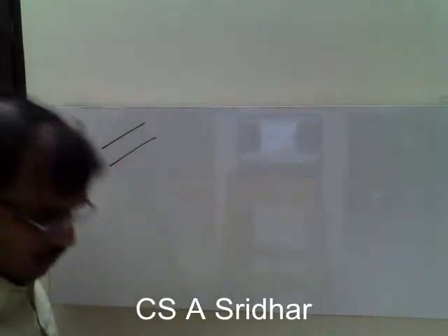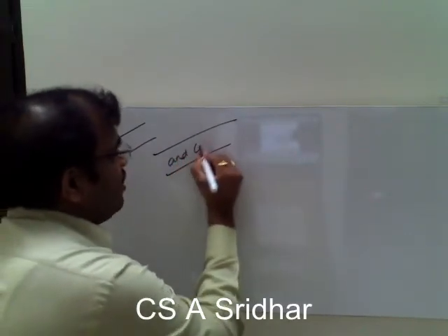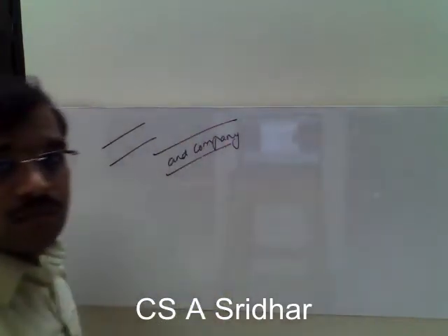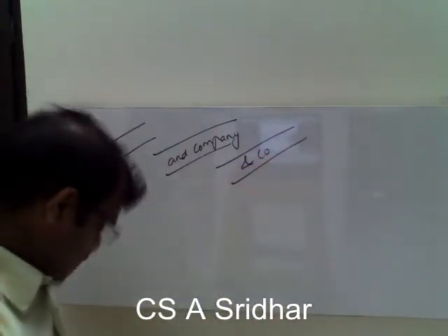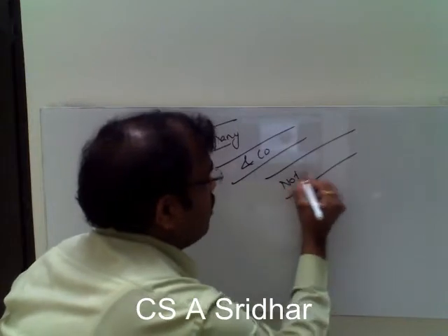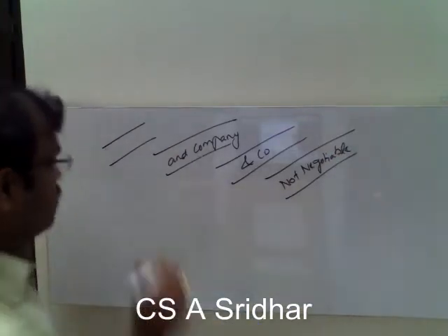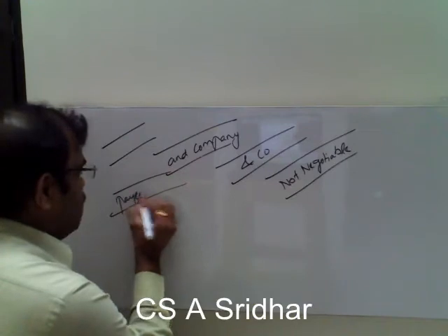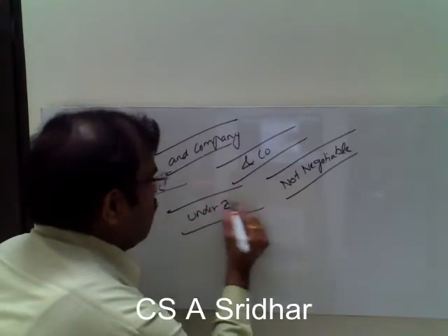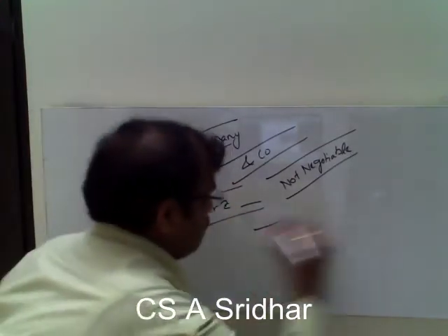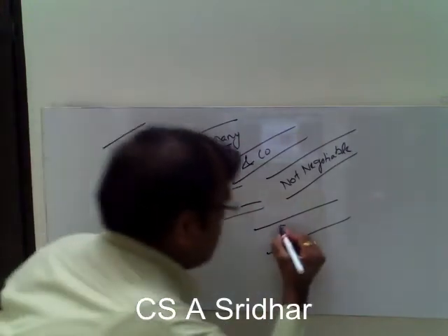I can do the crossing like this, or like this, sometimes with and company, or not negotiable, or payee account, or under rupees so and so, or with SBI.